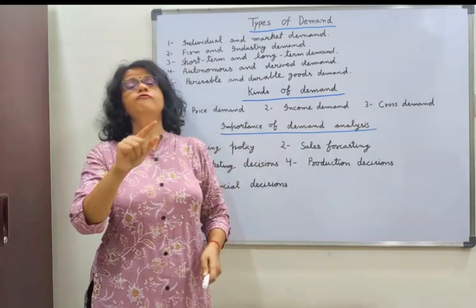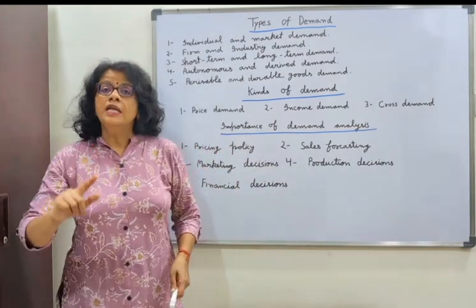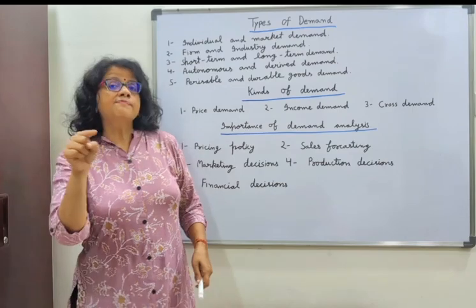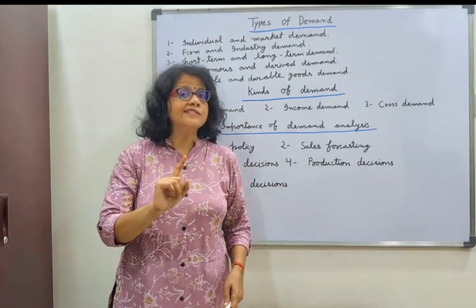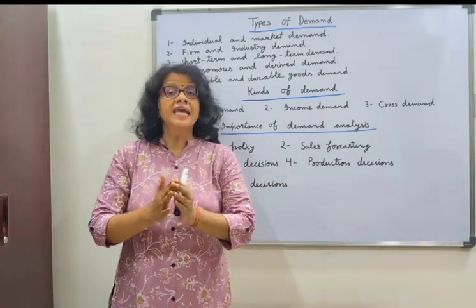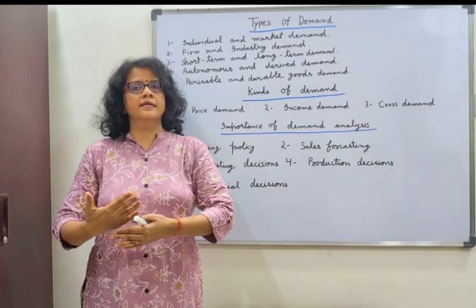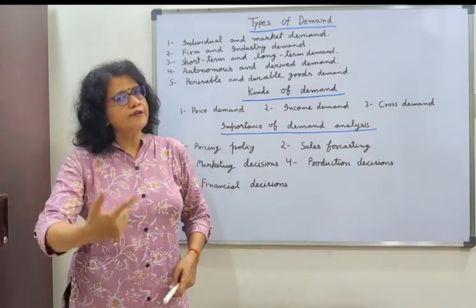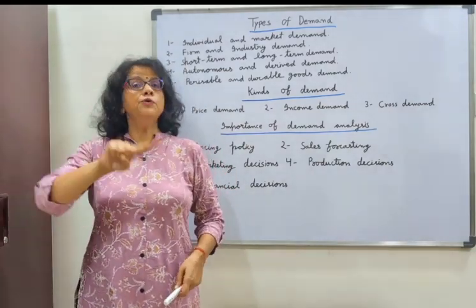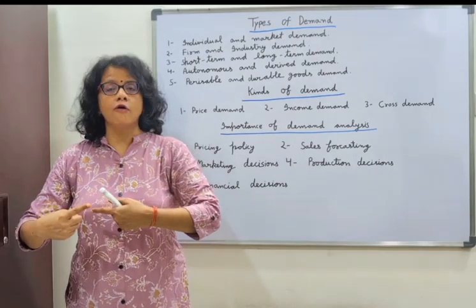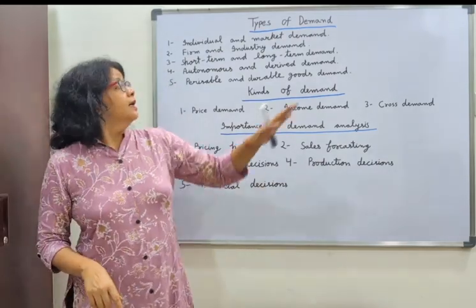Coffee. The demand for coffee will increase in spite of the fact that the price of coffee still remains constant. Even then, coffee's demand is increasing due to the change in the price of tea.